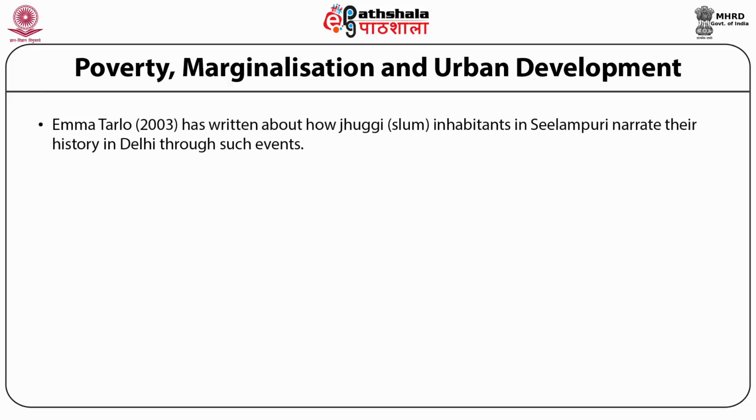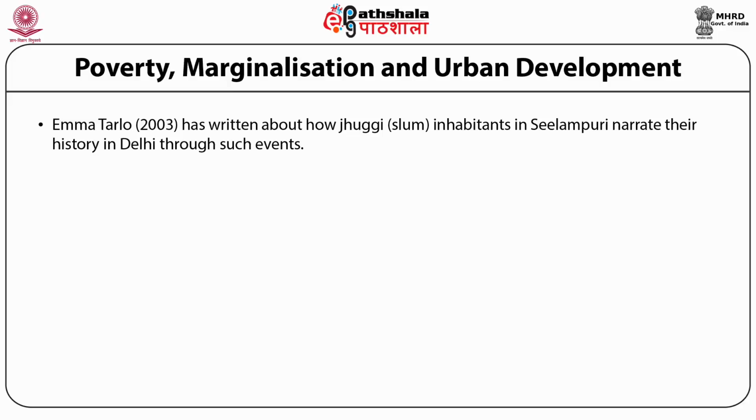Emma Tarlo has written about how jhuggi, that is the slum inhabitants in Seelampur, narrated their history in Delhi through such events. In later parts too, such as during the Asian Games in 1982 and the Commonwealth Games 2010, large-scale evictions have taken place.